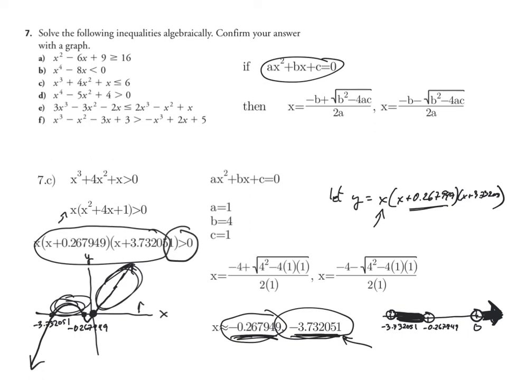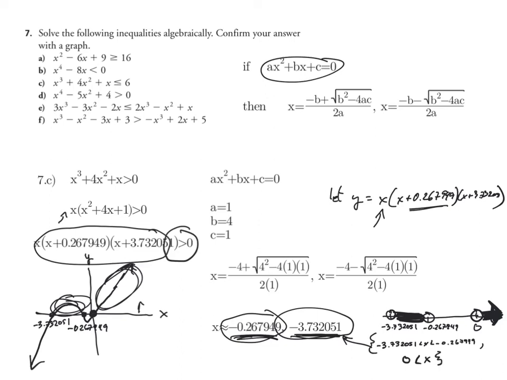Let's see. Set notation, we could say negative 3.732051, negative 0.267949. Put the x in between them. It has to be between those two values, or x has to be greater than 0.